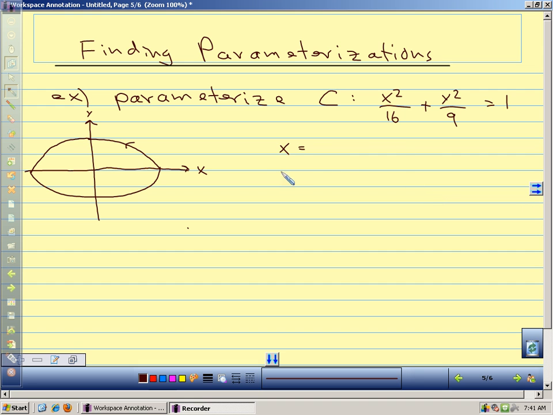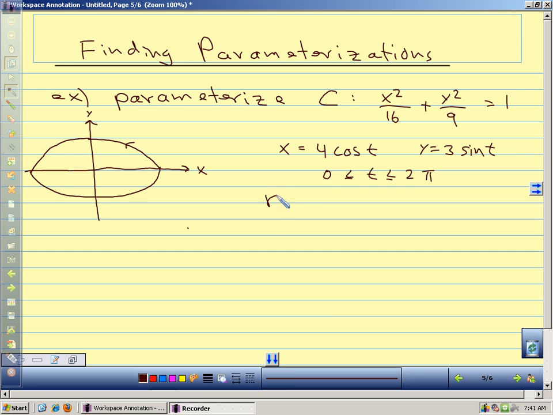Let's let x equal 4 cosine t and y equal 3 sine t, for 0 less than or equal to t less than or equal to 2 pi. If I square x divided by 16 and square y divided by 9, I just get sine squared plus cosine squared equals 1. So that would be a parameterization for this curve.